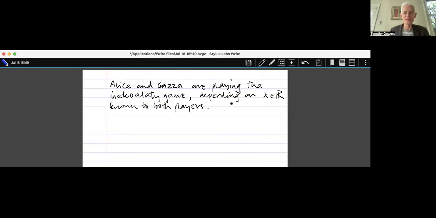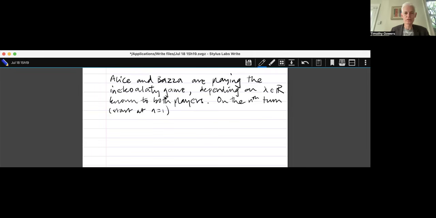On the nth turn, starting at n equals 1, the following happens.